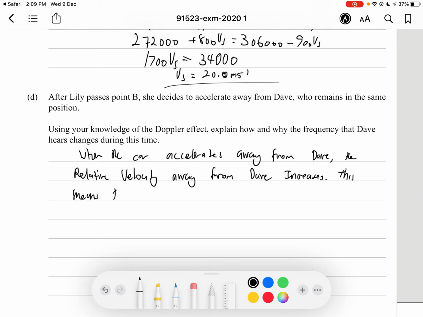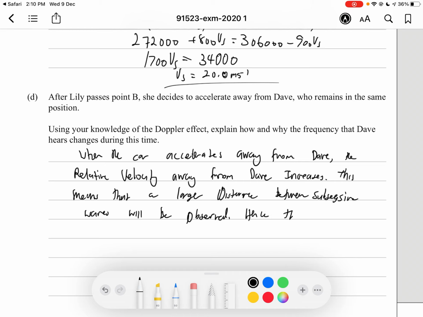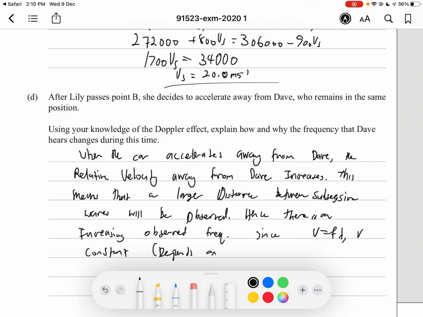This means that a larger distance will be observed between waves. So since V equals F lambda, V is constant, as it depends on the medium, which stays the same.